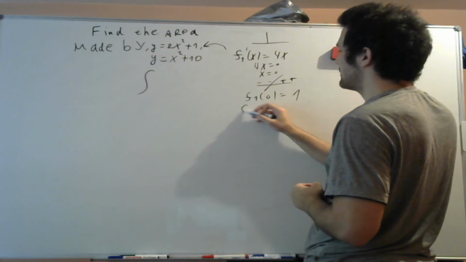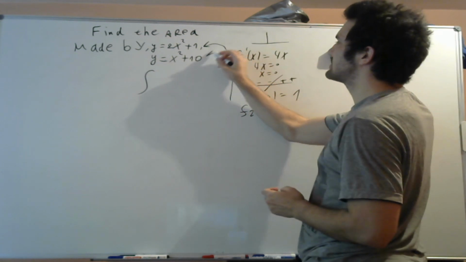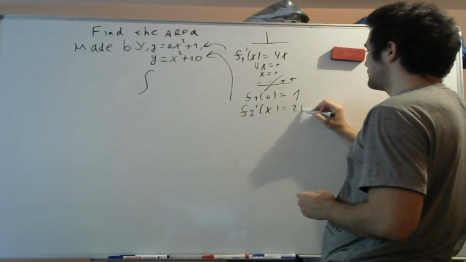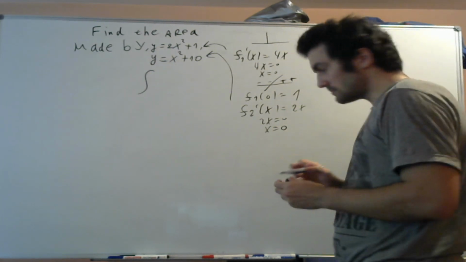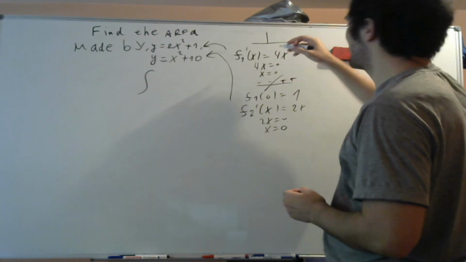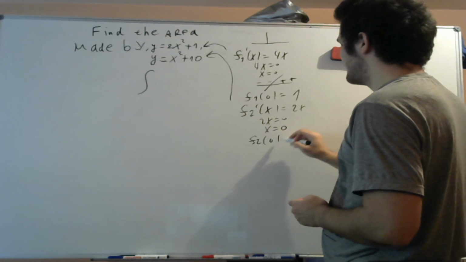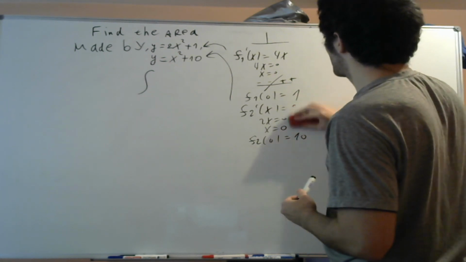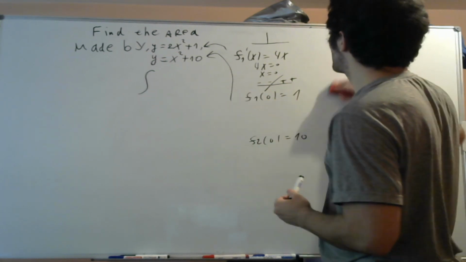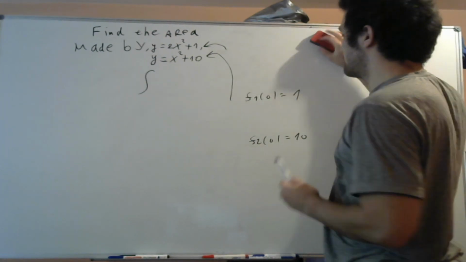Let's see the other one, f2 prime of x. This one represents this one, and we have 2x. 2x equals 0, x equals 0. The same story as with the other one, the minimum of this function is 10. We just need to see what's going on, and what's going on is the following.